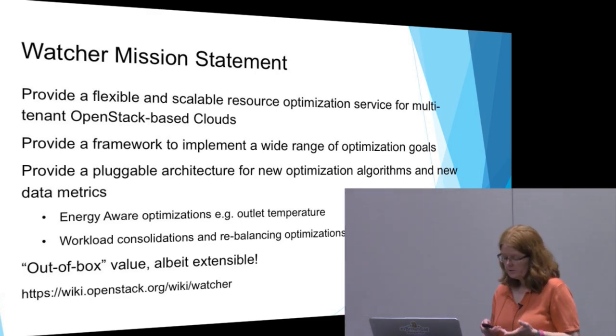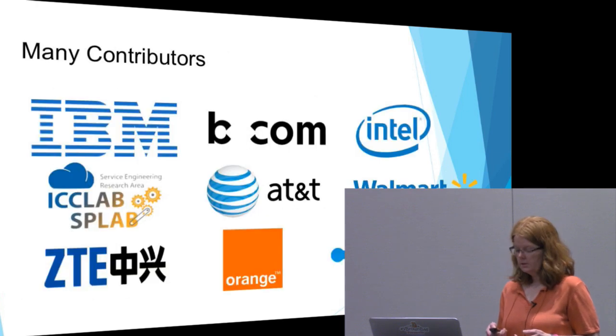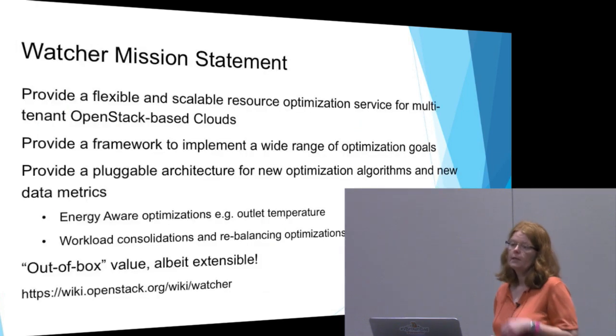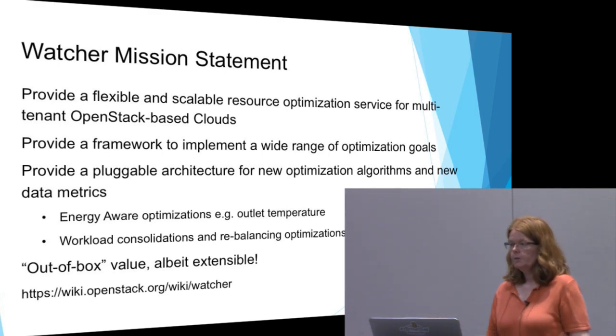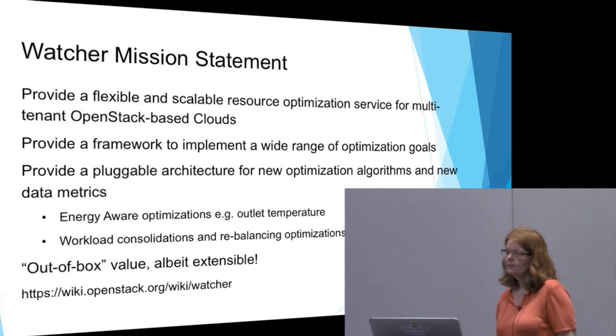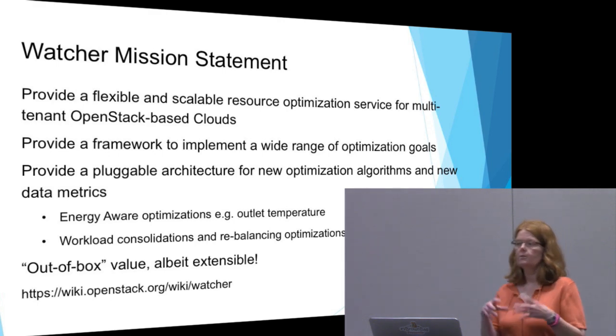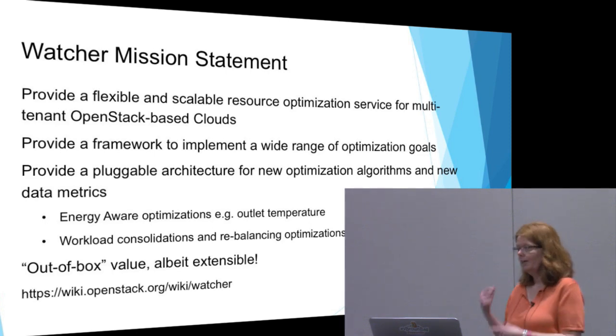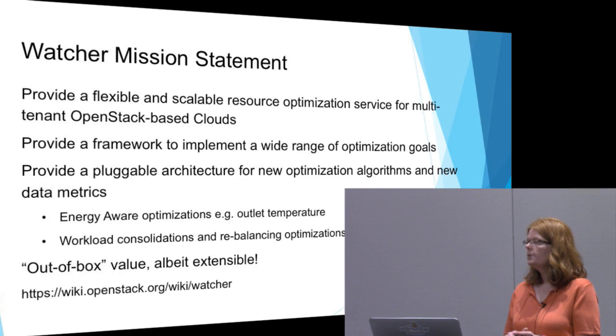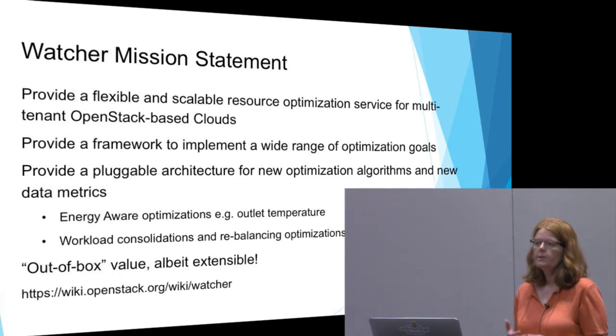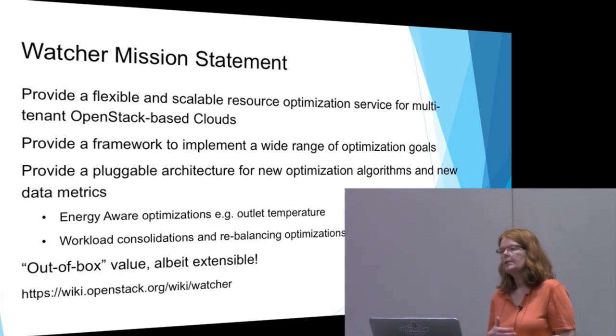One of the reasons we originally wanted to do something like Watcher was because we've all heard of the example where people use Amazon, start up the VM, run a test, realize that they're on either a small server or they have a bad neighbor, kill it, and try it again. So one of the things Watcher can do is make the initial placement less important.